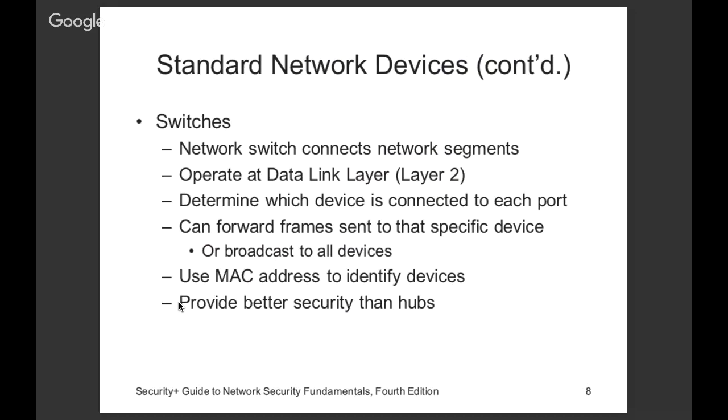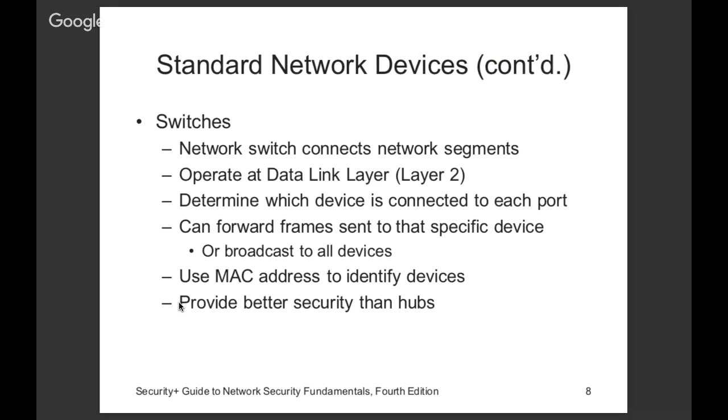Switches, the ones at the end of your table. Those can be smart devices that are configurable through a console cable to upload rules and things of that nature, whether for port rules or IP range rules. It's also a better layer of security than hubs because, again, they can be configured.